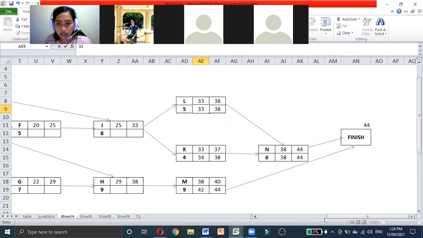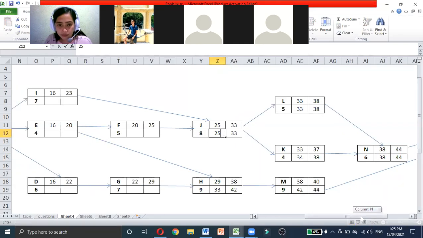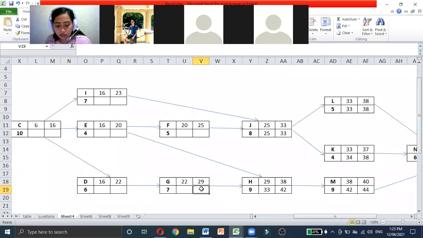Let's have activity H. That's 42, and then 33. How about J? 33 and 25. Okay, activity G. 33, and then minus 7, we have 26.